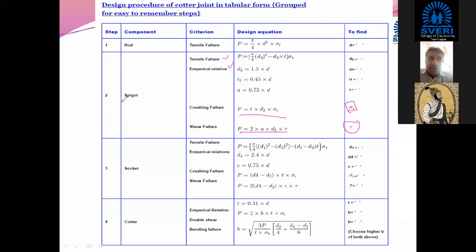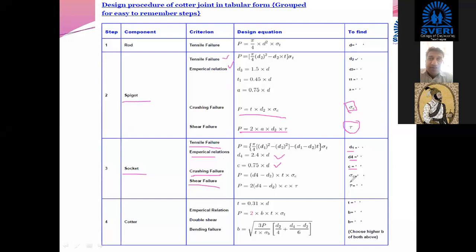Once the spigot is over, we have calculated the dimensions for the socket. Socket failure we have considered in tension, where we calculated D1. Then by means of the empirical formula, we calculated D4 and C, and these are checked for crushing stress and shear failure.